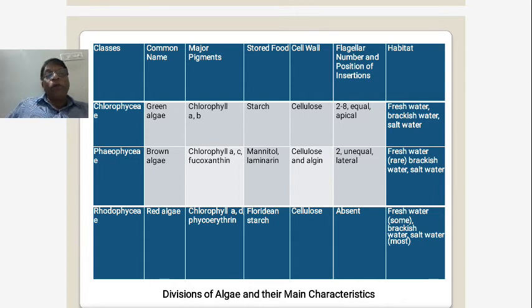Say for example, one plant is there, Chara. The Chara is commonly found growing in brackish water.